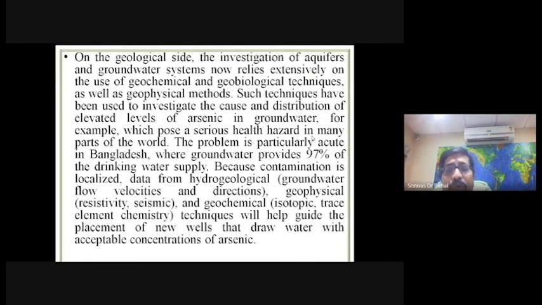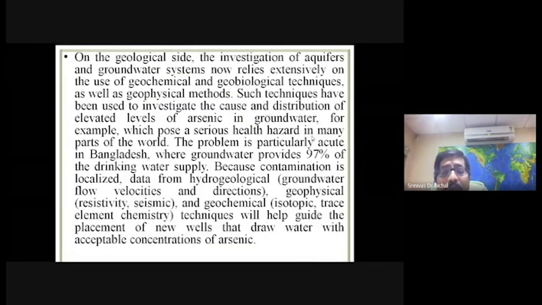Still now they are not able to find the source of the arsenic, but they know the reason for arsenic in this groundwater. The reason is that a lot of fresh sediments were deposited in many of these deltaic regions. Because of these fresh sediments, which contain a little bit of arsenic, this arsenic dissolved in the groundwater, thereby creating havoc in many parts of West Bengal and Bangladesh.